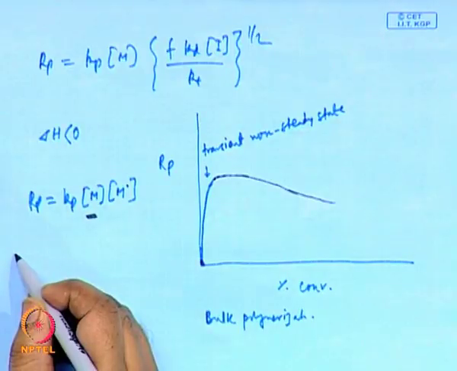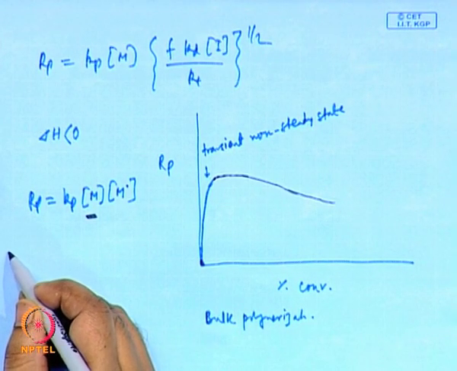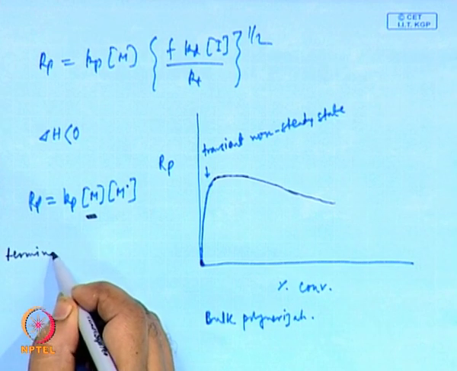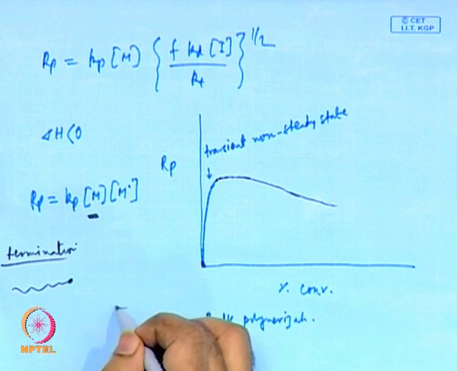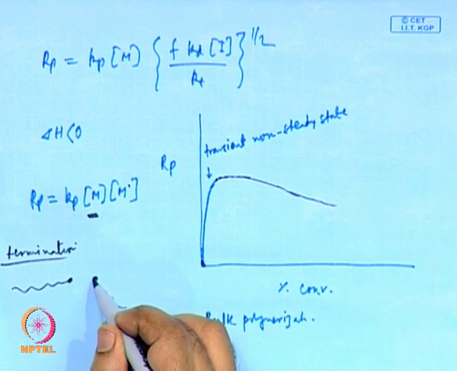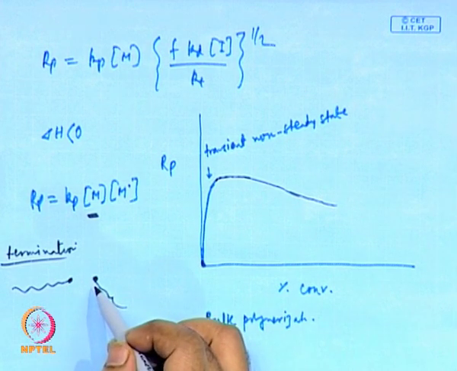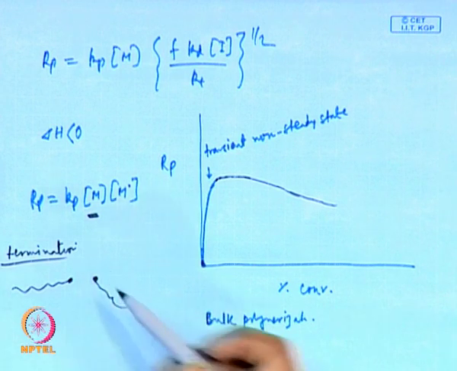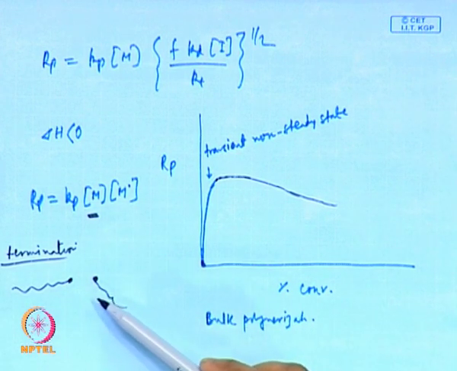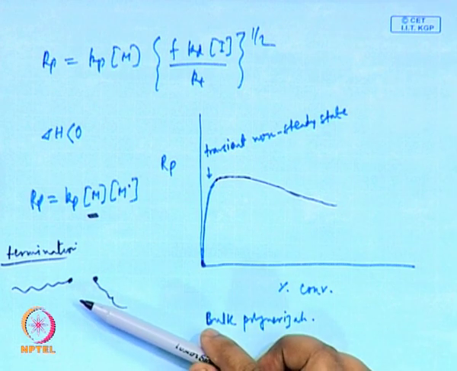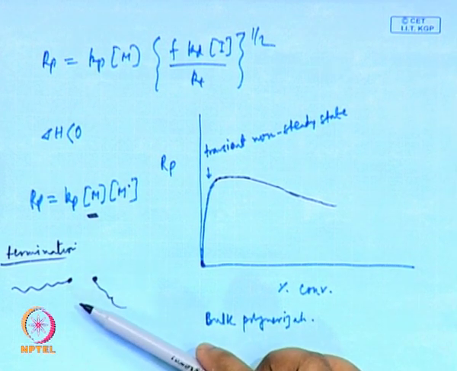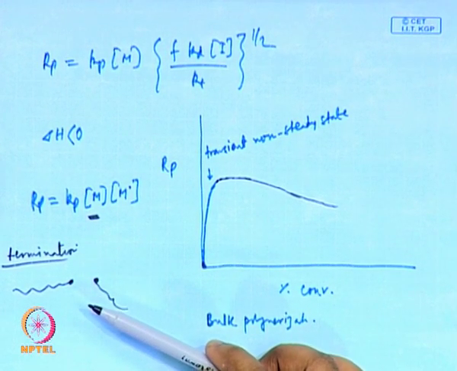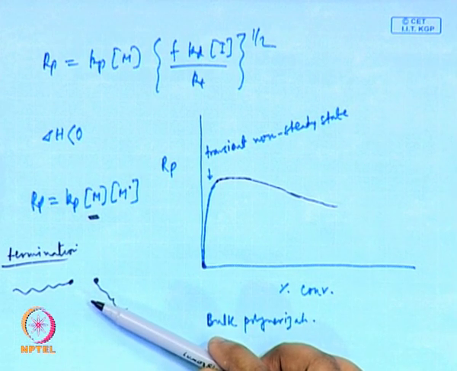Now, we know termination is a bimolecular reaction between two propagating radicals. Termination could be by either coupling or by disproportionation. Now, if these two cannot diffuse fast enough to find each other and react, then obviously the termination rate will come down.